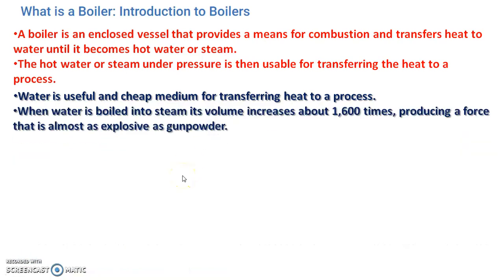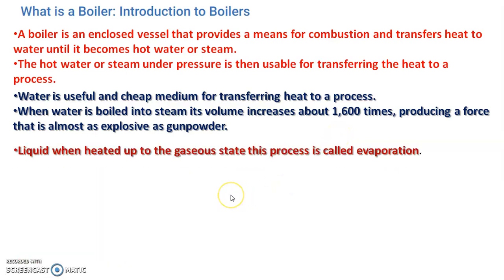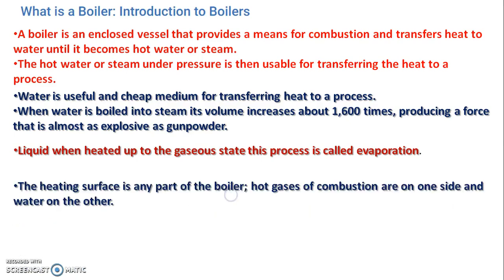When water is boiled into steam, its volume increases about 1600 times, producing a force that is almost explosive, like gunpowder. So the volume increases about 1600 times. That is the important point here. When a liquid is heated up to the gaseous state, this process is called evaporation.